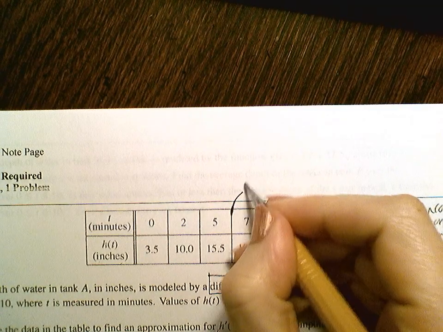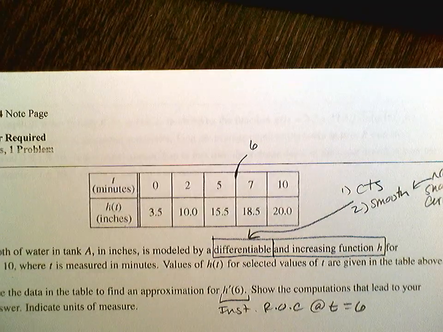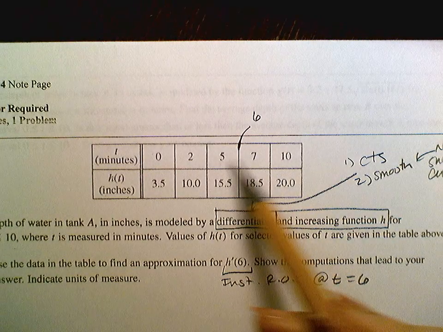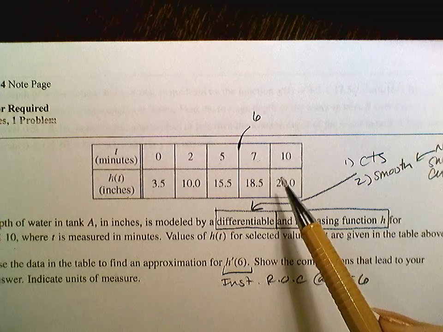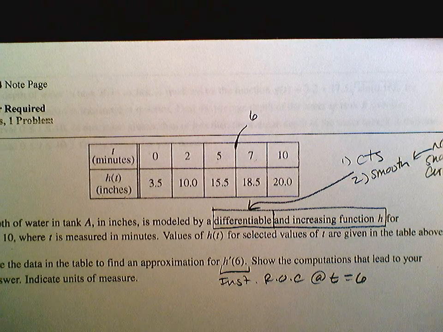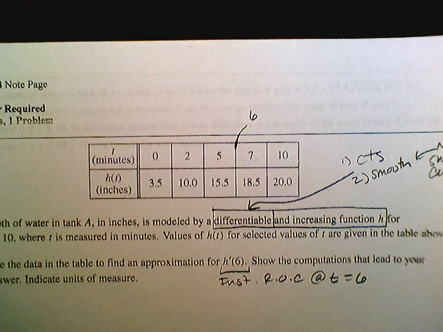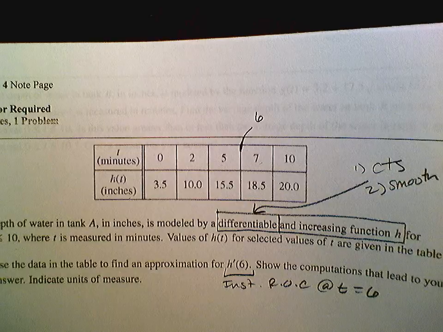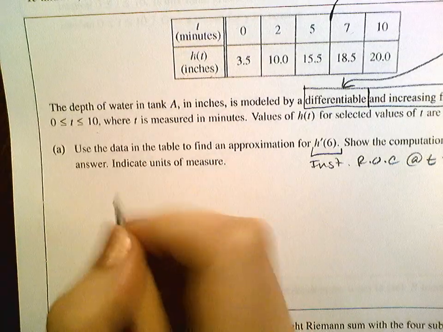So in between here is where 6 lies. So what you could do is the average rate of change on the interval 5 to 7, and that will give you an approximation for the instantaneous rate of change at 6.